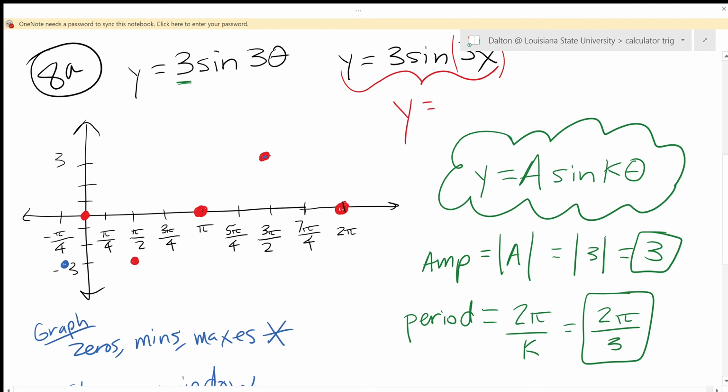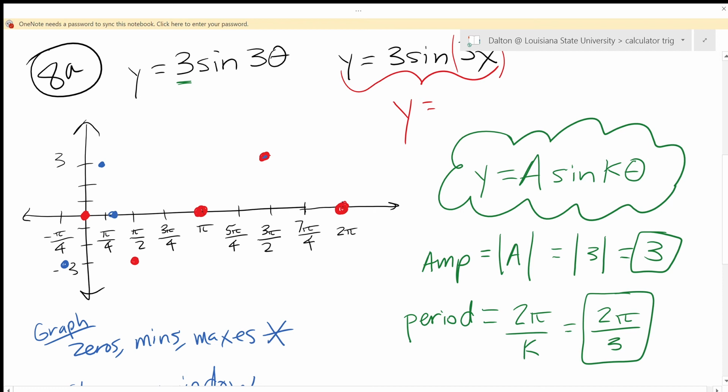Do you agree? So I'm just going to estimate a max is somewhere up there, just before pi over 4. Then we're going to keep following along our curve. After that max, then I have a 0. That 0 occurs between pi over 4 and pi over 2. About there.